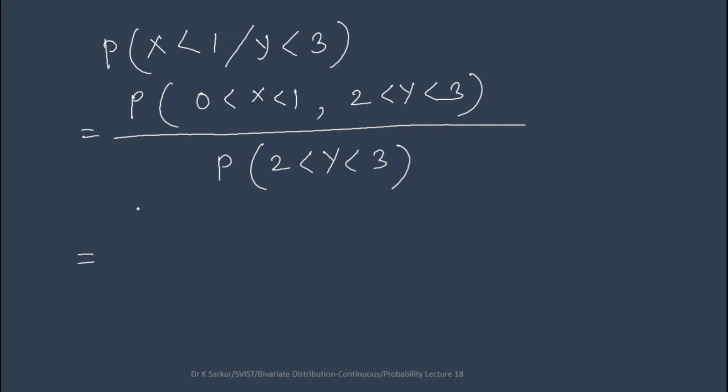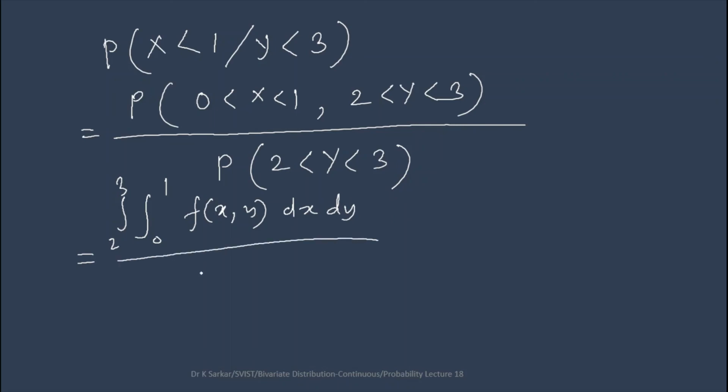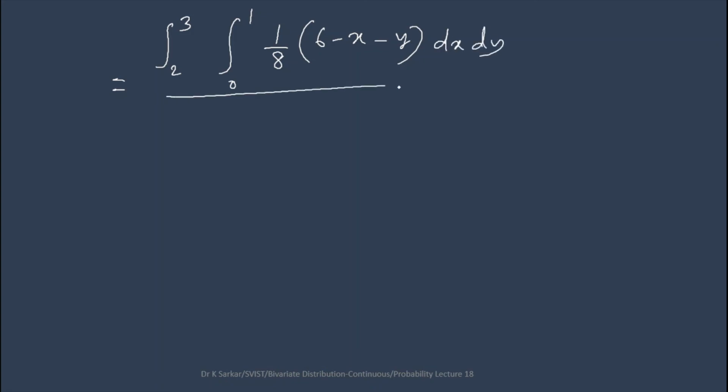So this is nothing but the double integration from 2 to 3, from 0 to 1, of f(x,y) dx dy, divided by the integration from 2 to 3 of f(y) dy, which equals the integration from 2 to 3, from 0 to 1, of 1 by 8 (6 minus x minus y) dx dy, divided by the integration from 2 to 3 of f(y), which is 1 by 4 (5 minus y), dy.